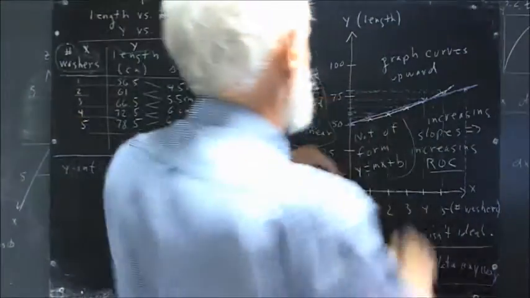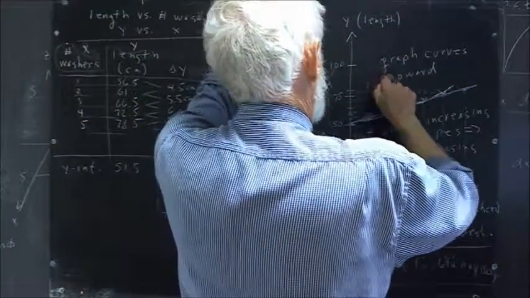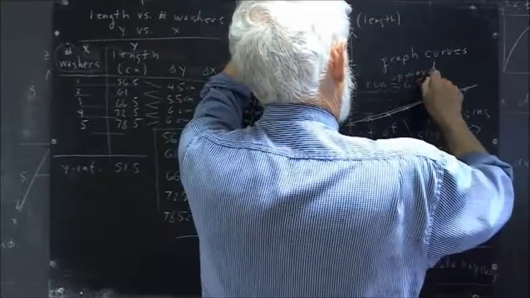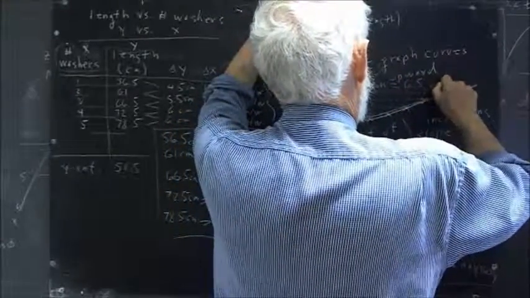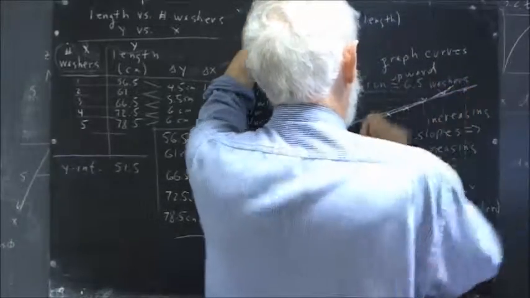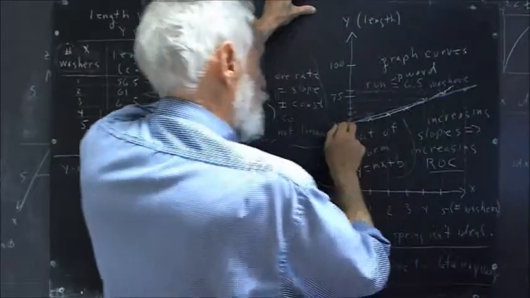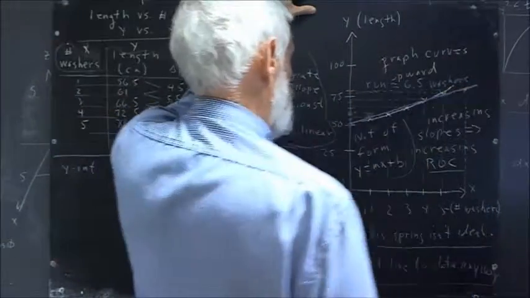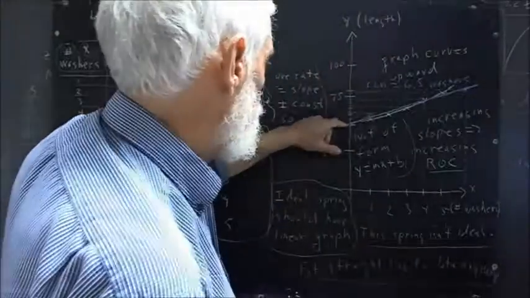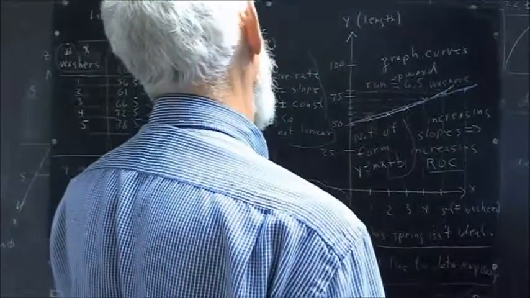So the run is approximately 6.5 washers, and I didn't actually use this point and this point. I used the intercept of the graph and this point. Now I don't have room to label the rise, but the rise appears to be about 30.